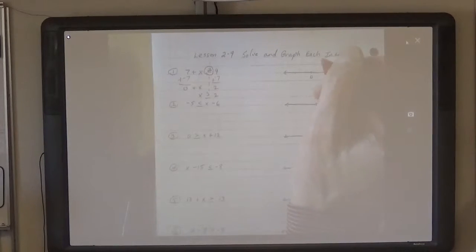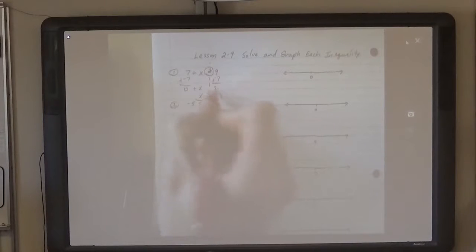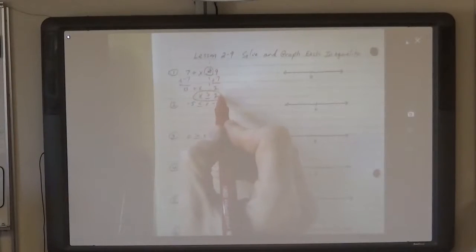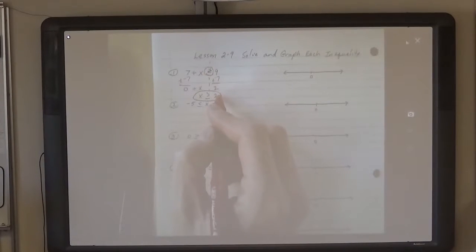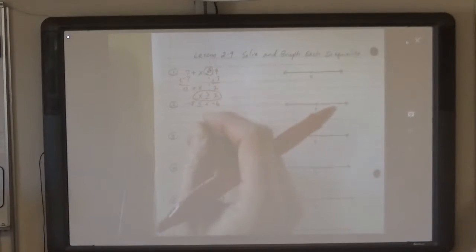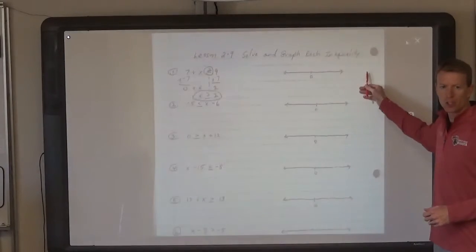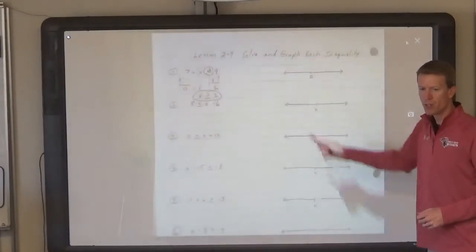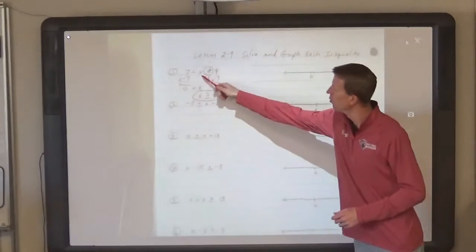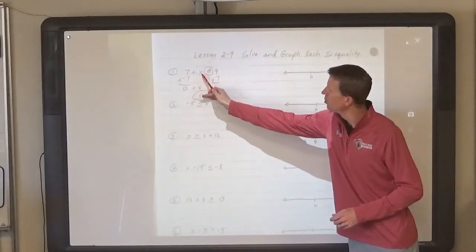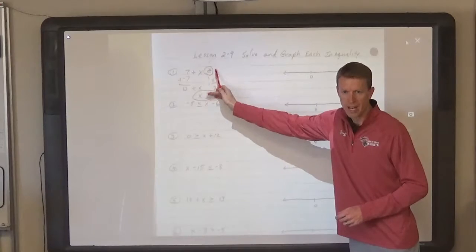Now we have to graph this. This is our solution, but we have to graph it because 2 is a possible solution, but also any number that is greater than 2 is also a possible solution. Remember that if it's an inequality, all of the numbers to the right of 2 make the equation true. Look, we could put in 2, so that 7 plus 2 is greater than or equal to 9, that's true.